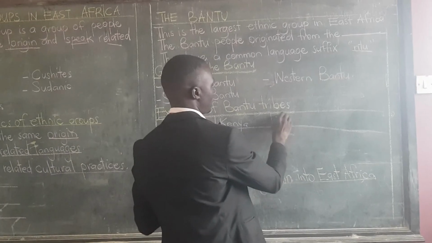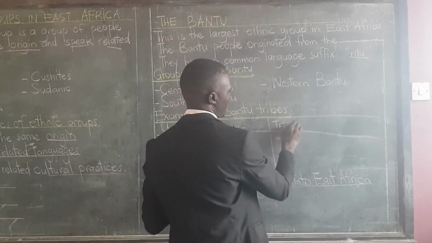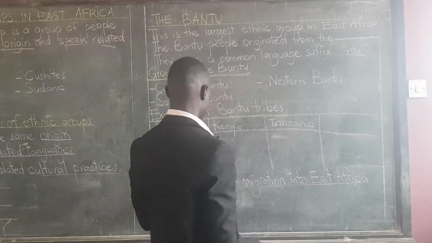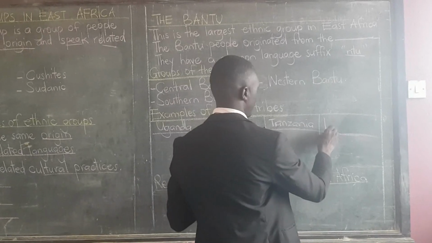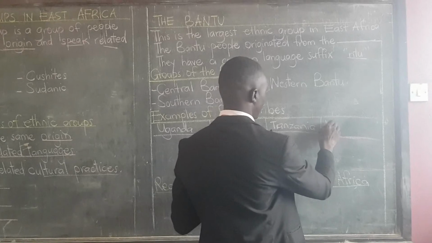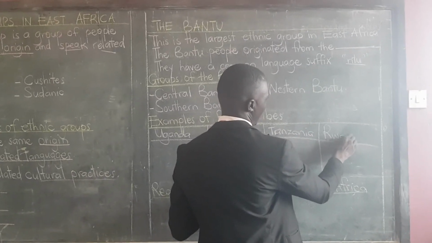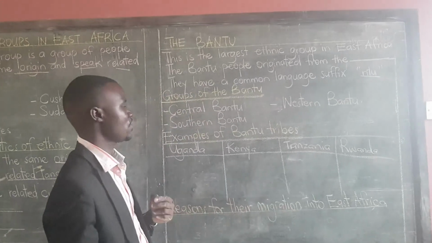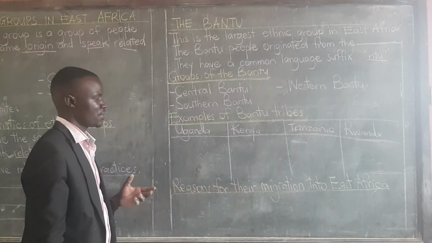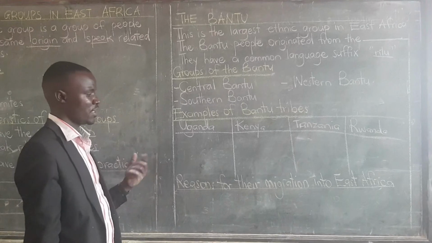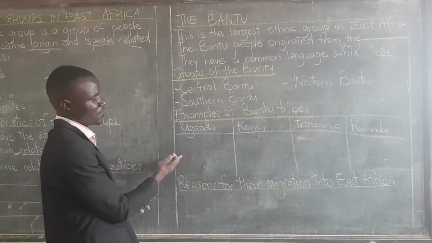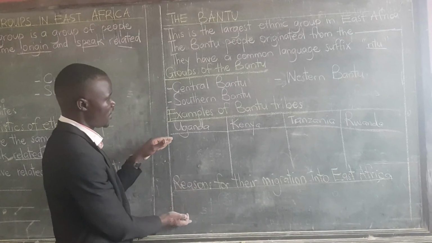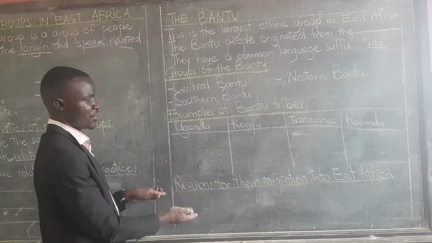Here you can have the ones of Tanzania. Here we can have the ones of Rwanda, Burundi, and so on. There are only two tribes under the Bantu in Rwanda. First do this for me, then we come back into details of these things as we continue.